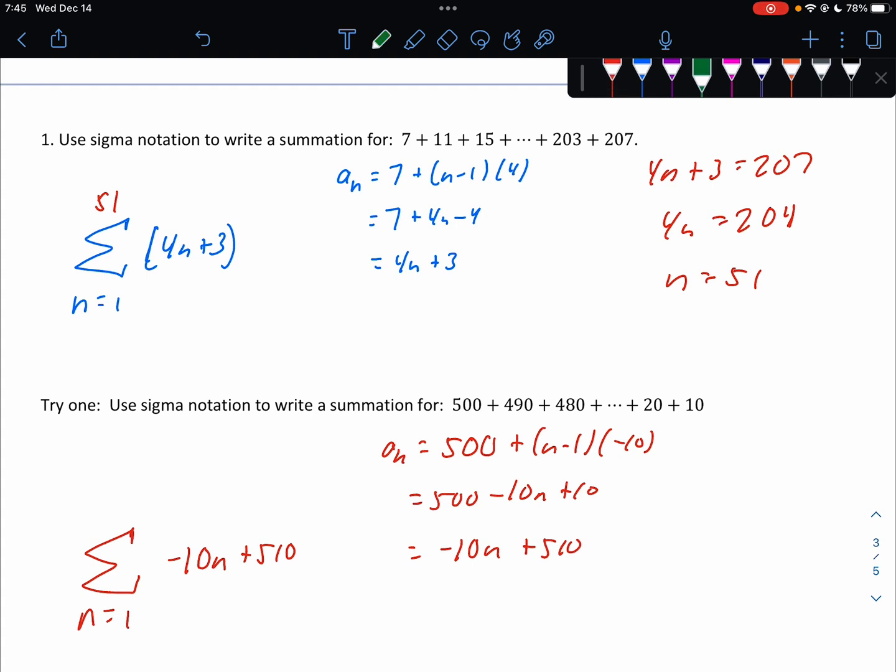Again, we don't know that last nth term here, so we're going to set 10 equal to this and solve. If you subtract 510 from both sides, we get negative 500. If we divide, we get 500 over 10, which is 50.